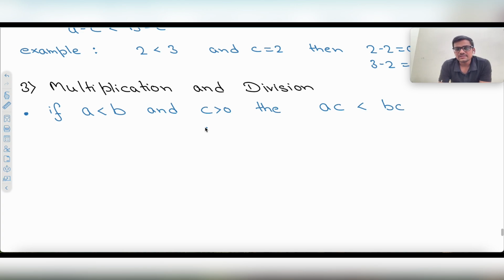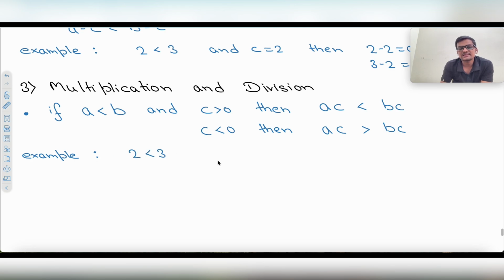But if this C is negative, then in this case the inequality sign will change. It becomes greater than in place of less than. So we will take one example to understand this property properly. Suppose 2 is less than 3.